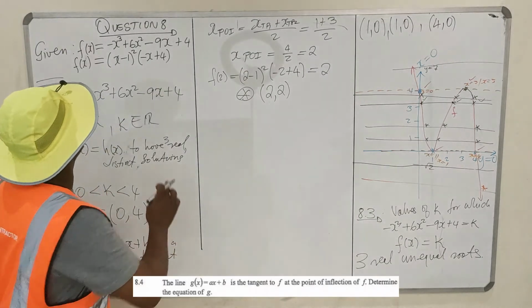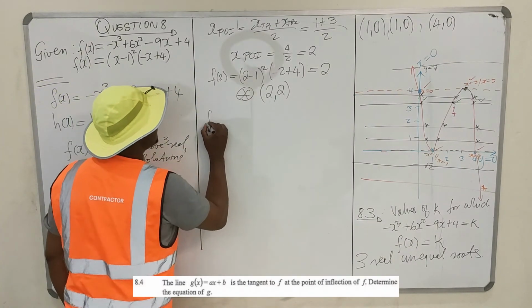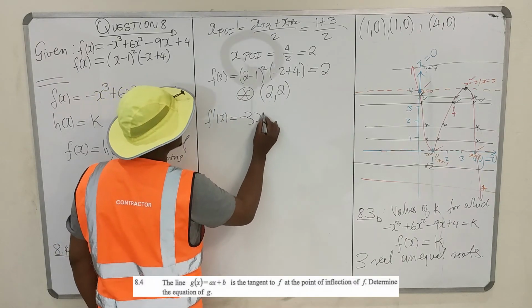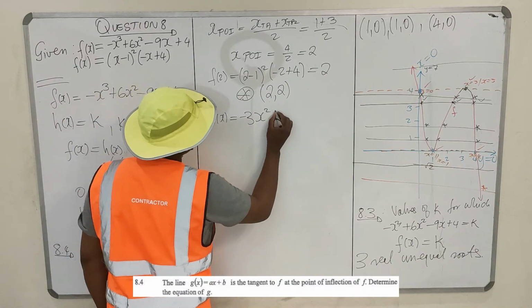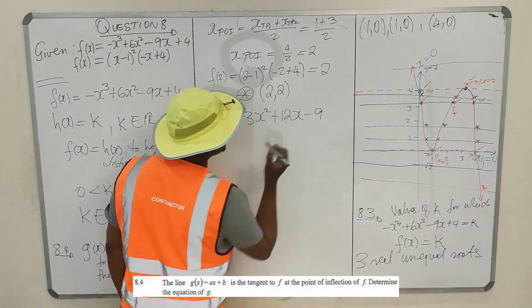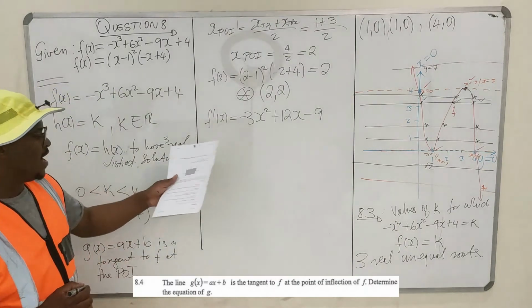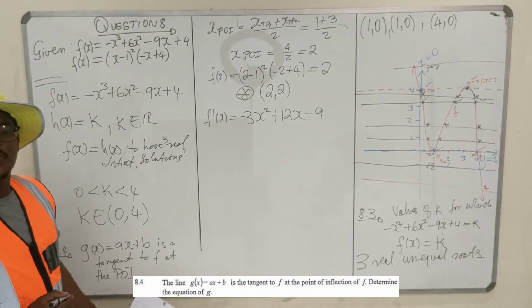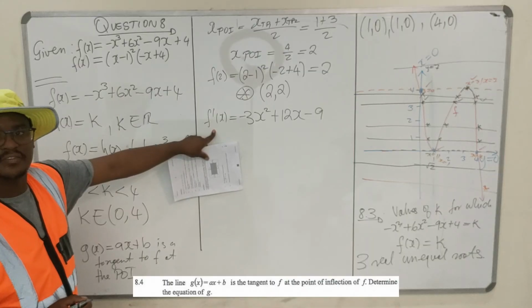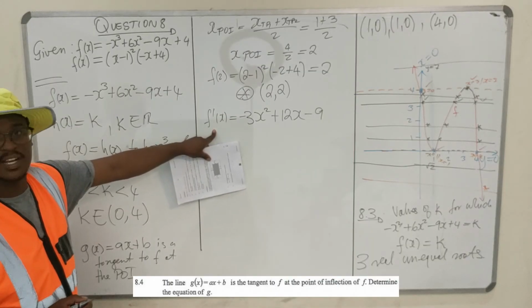So let's find the derivative of this. f prime of x is equal to minus 3x squared plus 12x minus 9. I derived this before, at 8.1. You should go back, refer to that, and see how I found it if you are unclear.